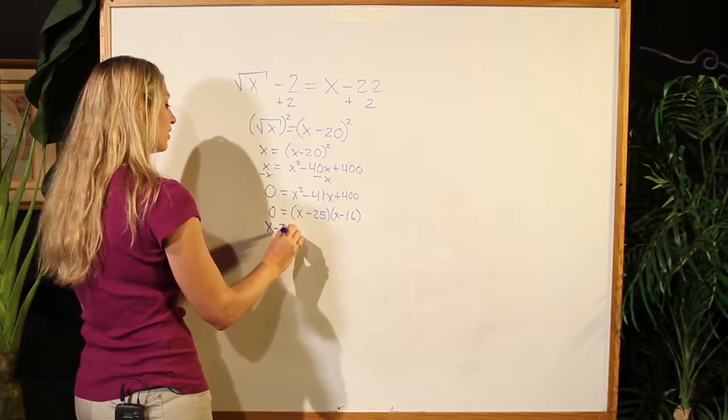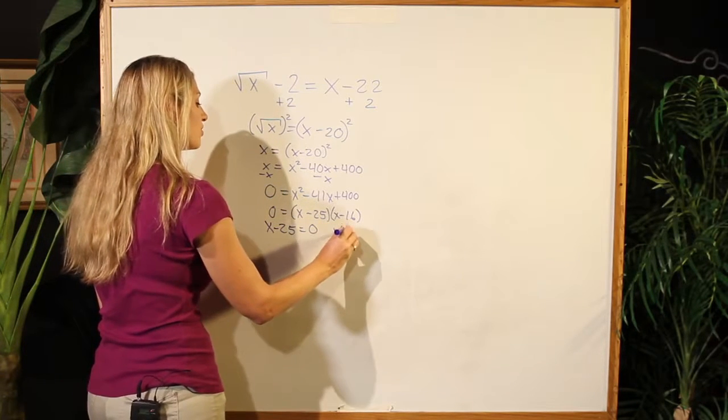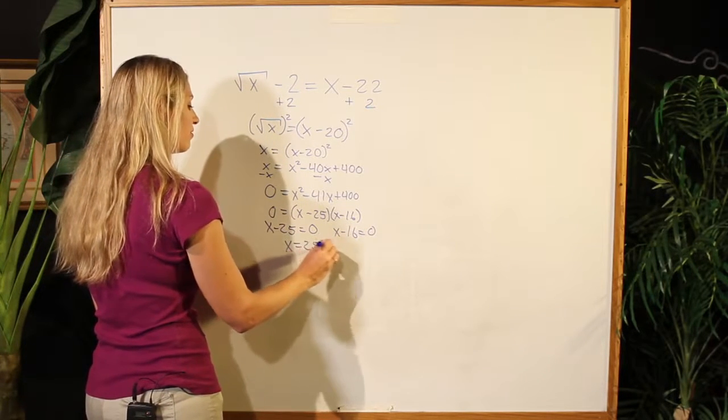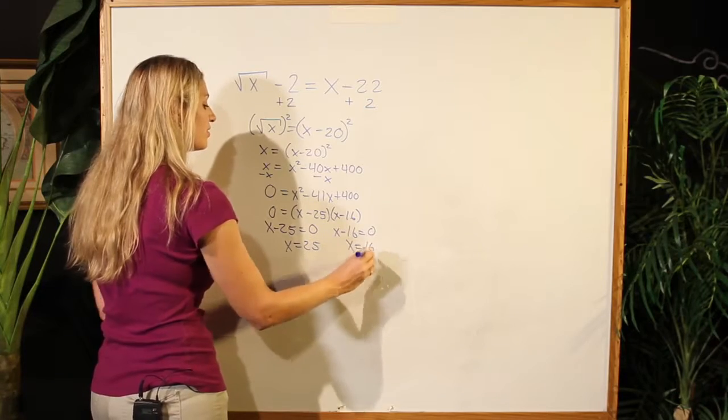Setting each factor equal to 0 in order to solve, we will see that we have x equaling 25 and x equaling 16.